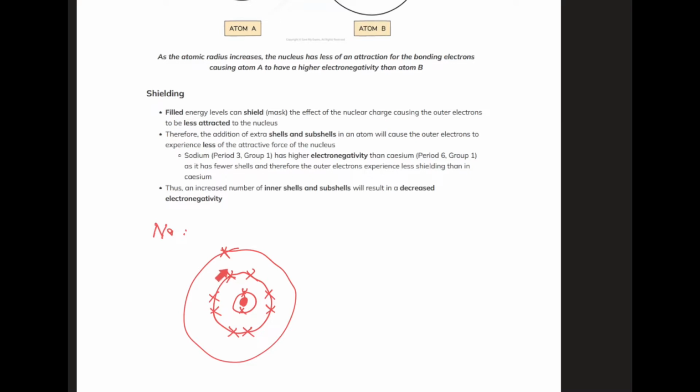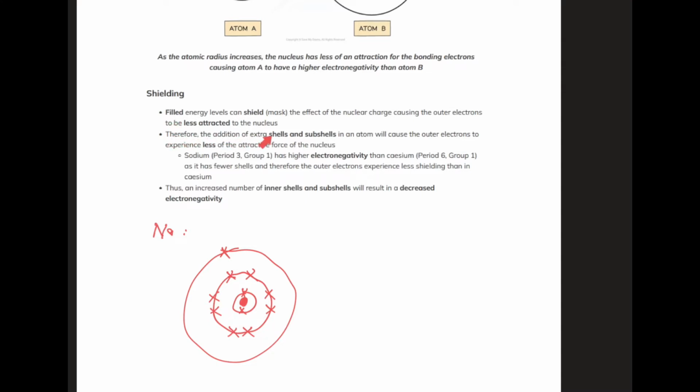So to attract is not that easy, because the electrons at the inner shell are repelling the electron at the outer shell. So it makes the attraction by the nucleus hard to happen. That is called shielding.